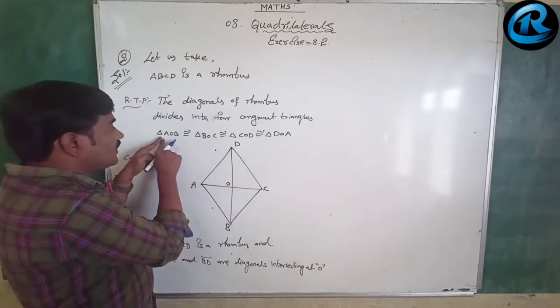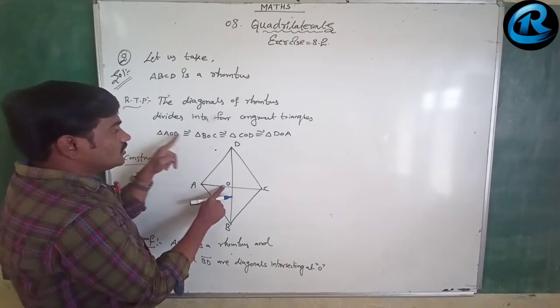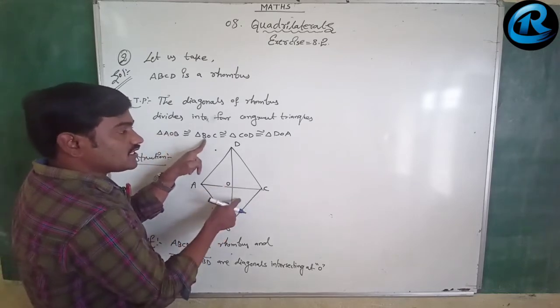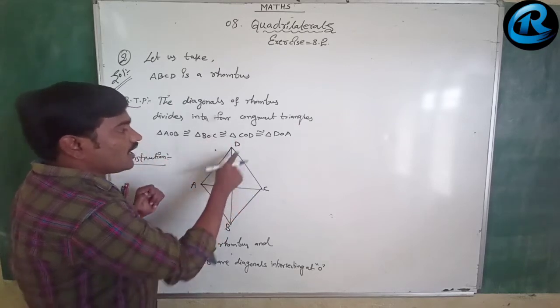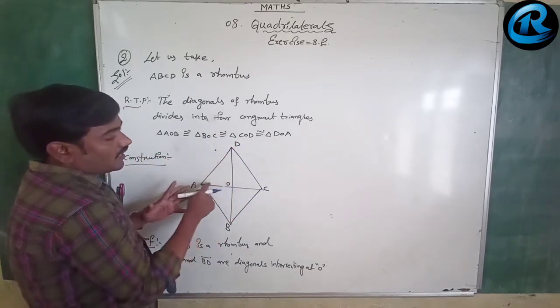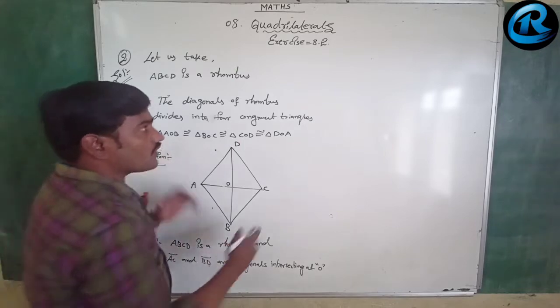That is what I have written: triangle AOB should be congruent to triangle BOC, congruent to triangle COD, and congruent to triangle DOA. So this is what we need to prove.